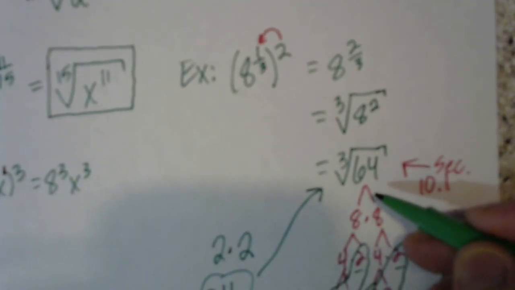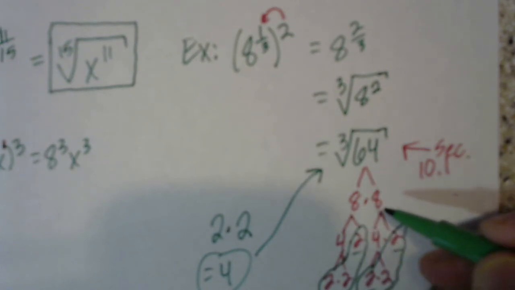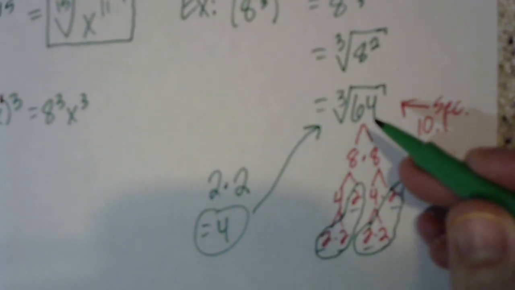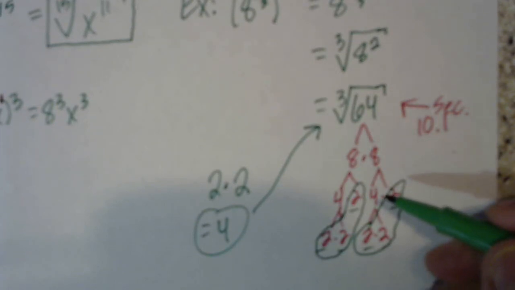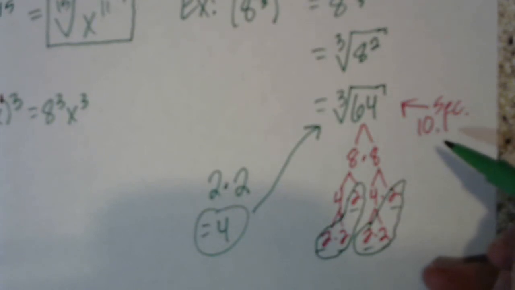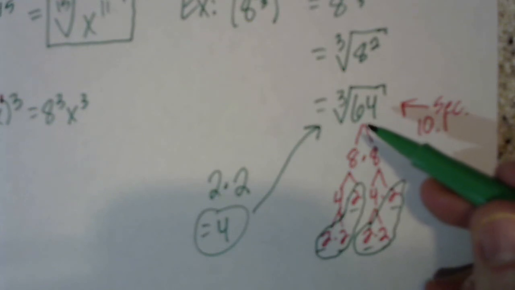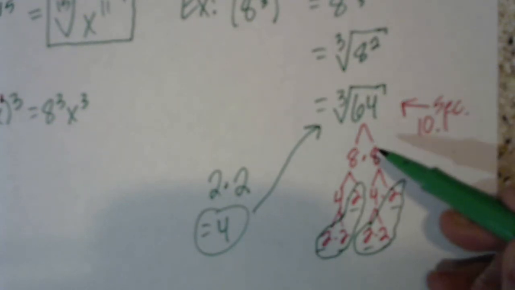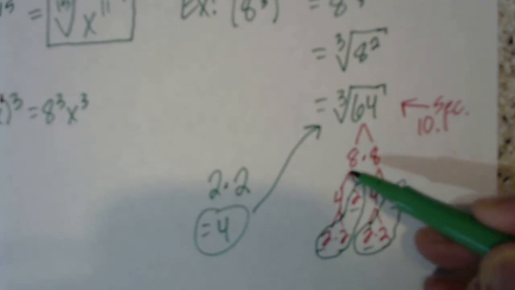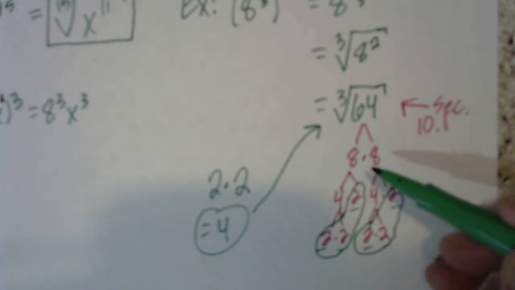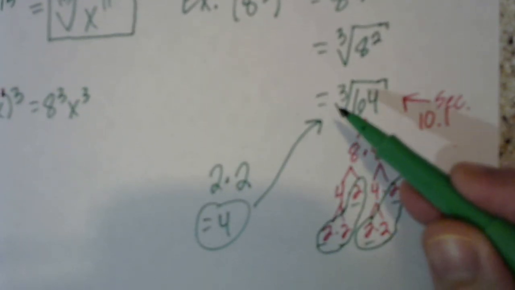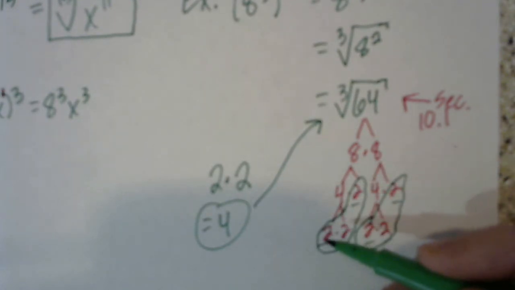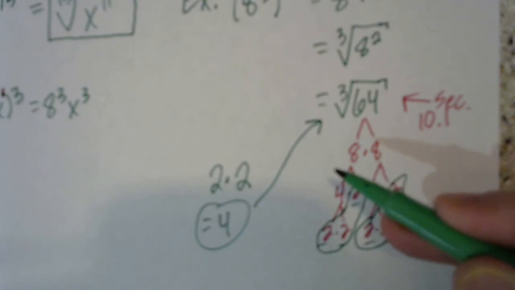Now, a lot of times people will leave it written like 8 times 8, because we know that when we have a radical, our next step is to try to break it down. That's what we learned in 10.1, is how to take a radical and break it down. 64 is the same thing as 8 times 8. So when I start my factor tree, I remember that the cube root of 8 is 2, because you can get 3 2's from each of these 8's.